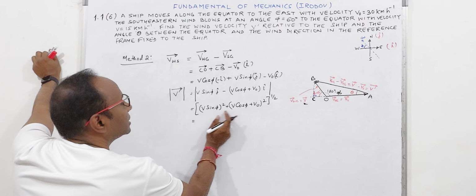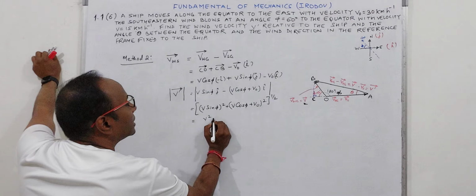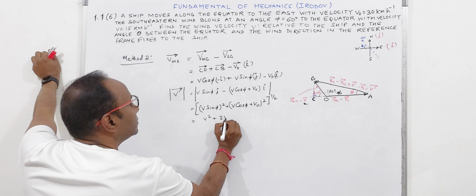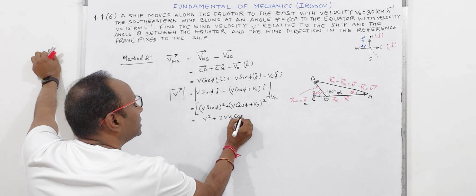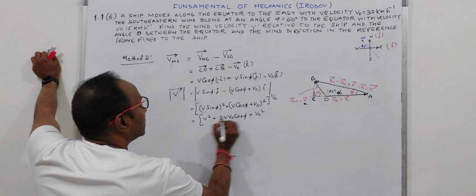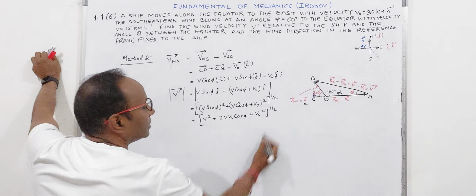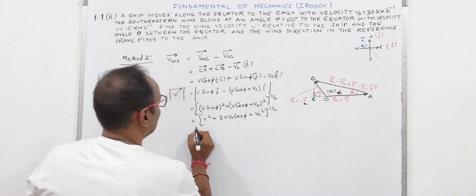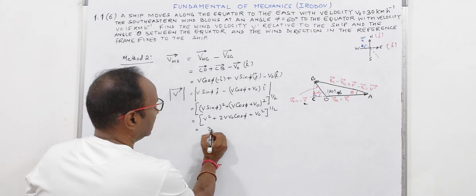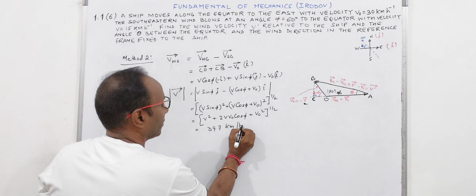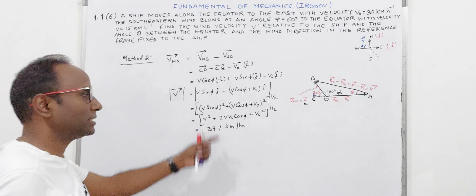If you expand it further, it will be v square plus 2 v0 v cos phi plus v0 square. If you put all the values, you will get v dash as 39.7 km per hour. You can test this.